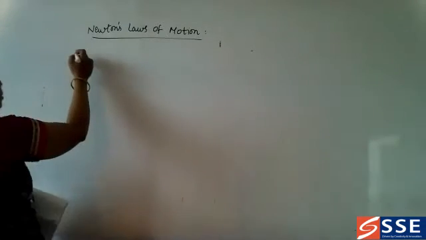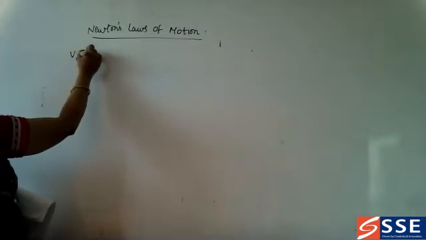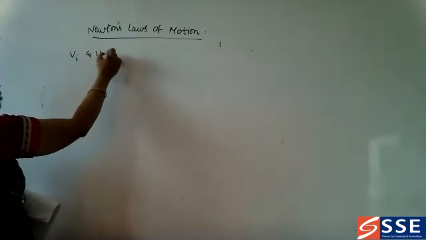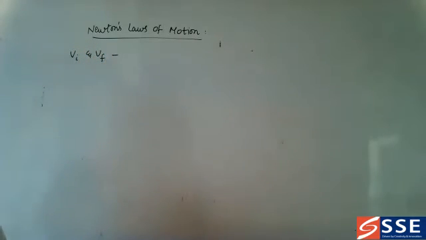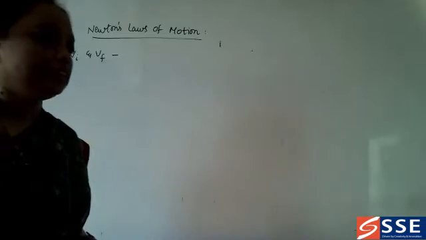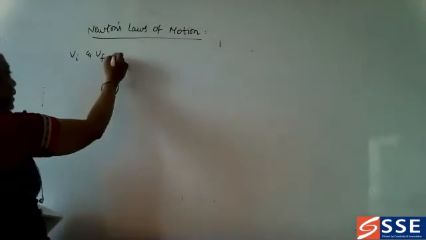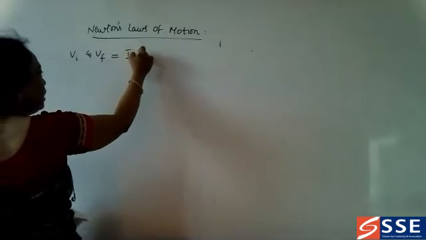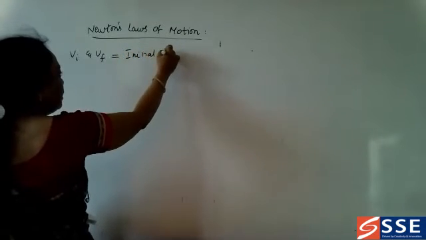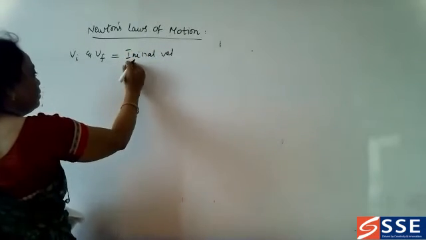Suppose Vi and Vf are the initial velocity and the final velocity.